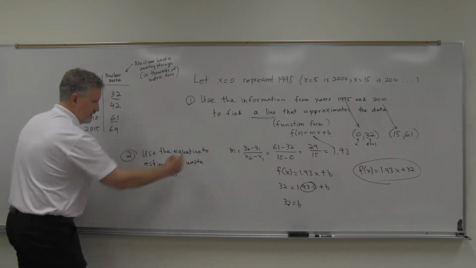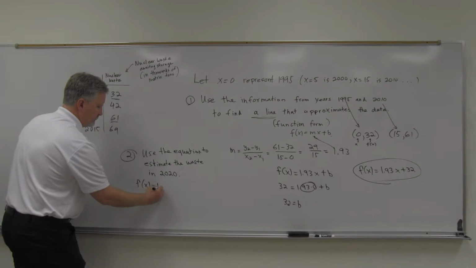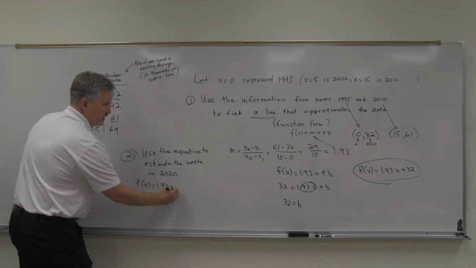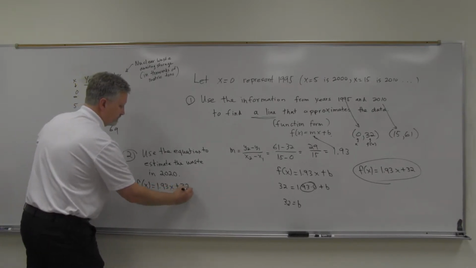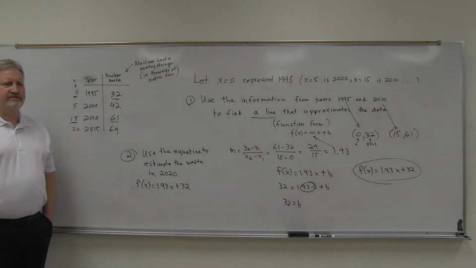We're using that f of x equals 1.93x plus 32. I want to estimate the waste in 2020.